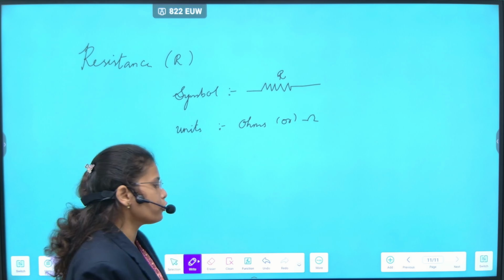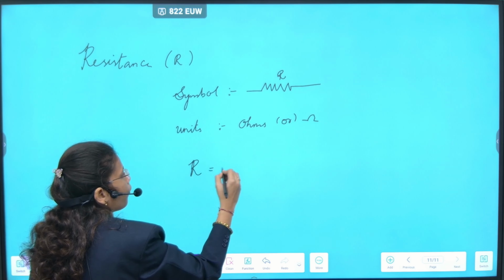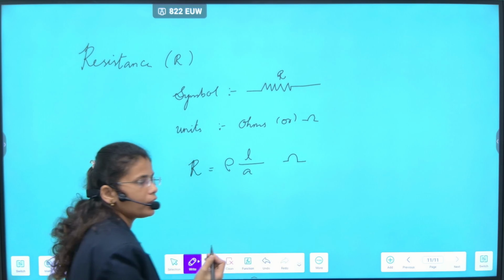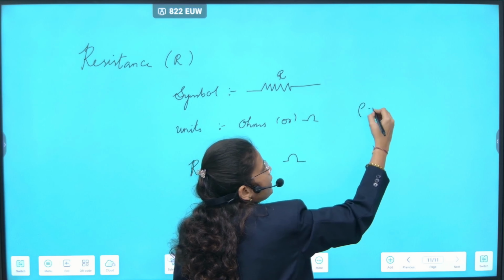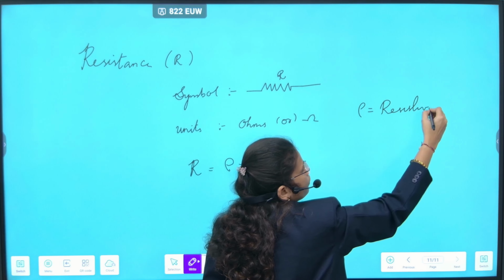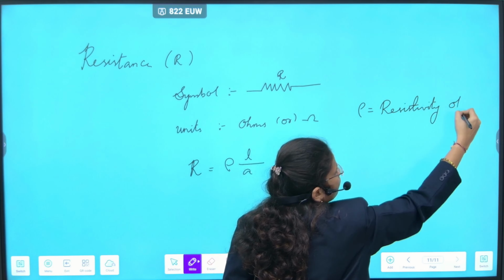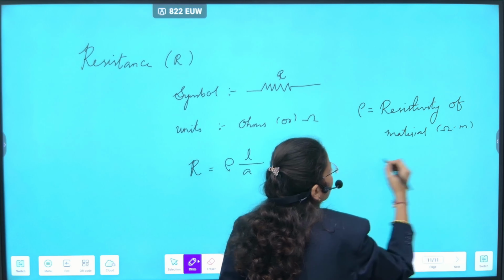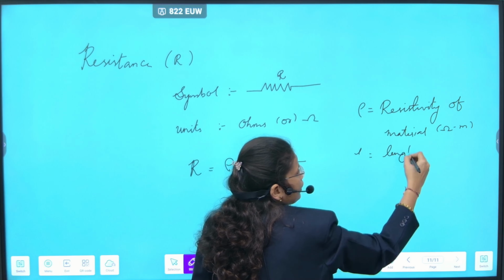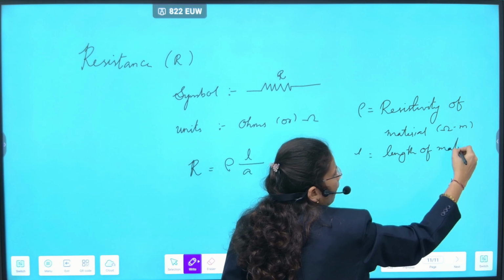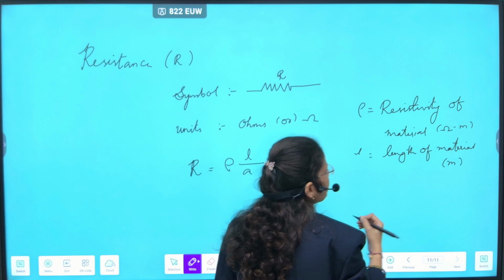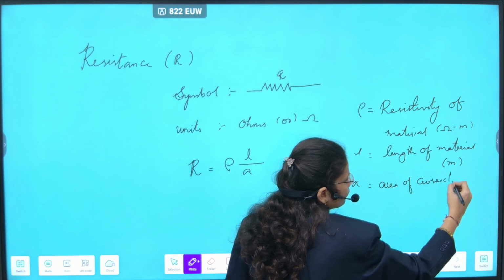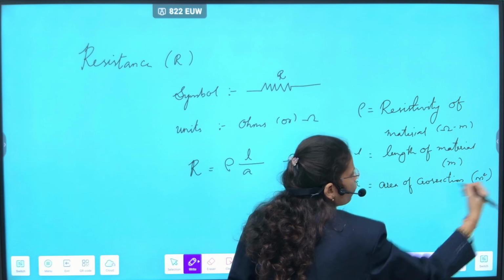The resistance depends upon the resistivity of the material, length of the material, and area of cross section of the material, where rho is the resistivity of the material, expressed in ohm meter, L is the length of the material expressed in meters, and A is the area of cross section expressed in meter square.